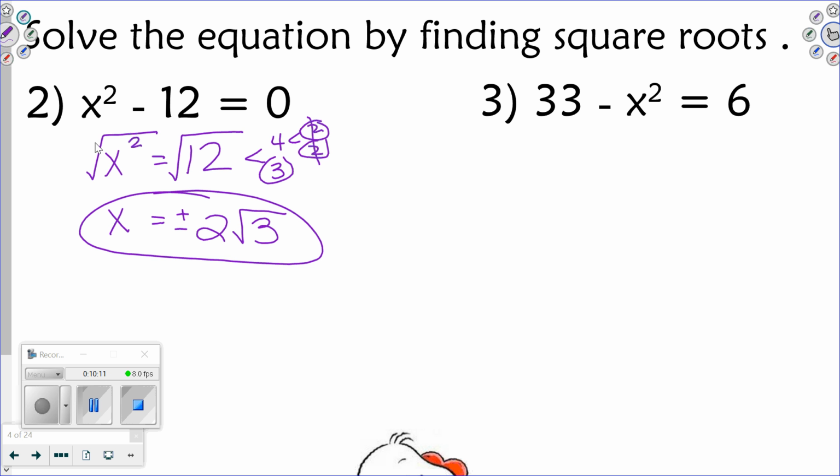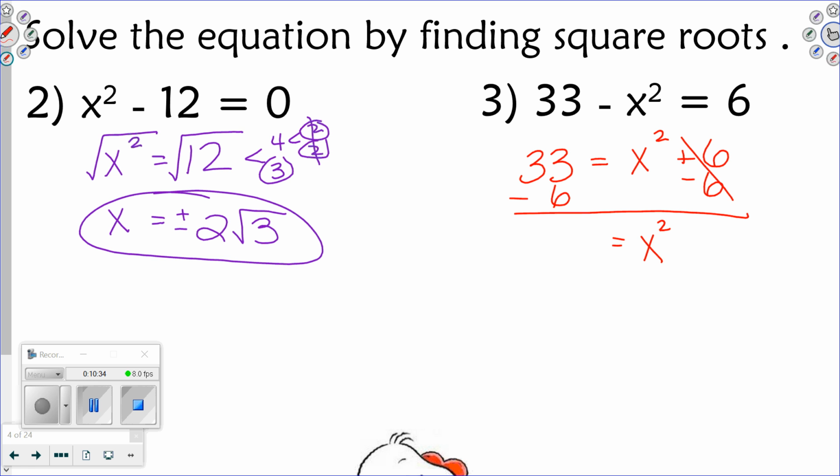All right, what about number 3? What do you want to do with that one first? You got some options. Add x. Why would you add the x? Makes it so much easier, right? Makes that positive. So I move that, becomes x squared plus 6. Then subtract the 6.